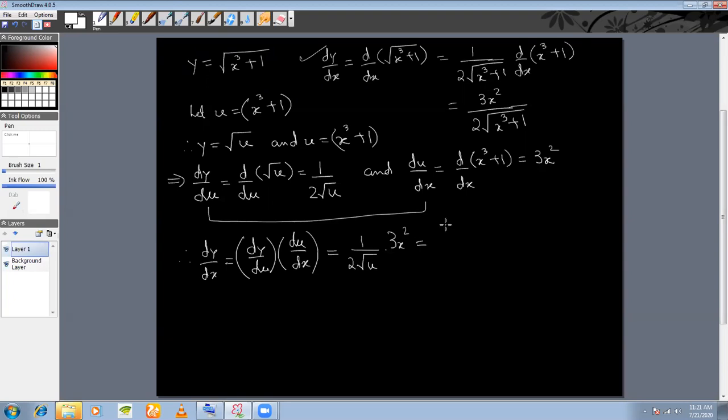So this simply becomes 3x square by 2 root u, and put back the value of u in terms of x. U we had taken x cube plus 1, so 2 root x cube plus 1. Are we getting the same answer or not? This one and this one. Okay, so let's proceed with the next one.